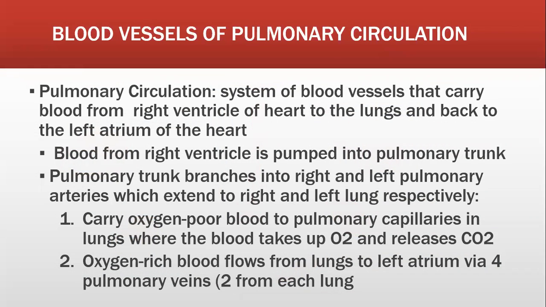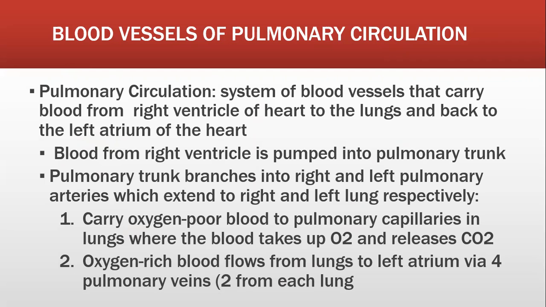So what are the blood vessels of pulmonary circulation? When we say pulmonary circulation, this involves the heart and the lungs. It is a system of blood vessels that carry blood from the right ventricle of the heart to the lungs and back to the left atrium of the heart. The blood from the right ventricle is pumped into the pulmonary trunk, and this pulmonary trunk branches into right and left pulmonary arteries, which extend to the right and left lung.